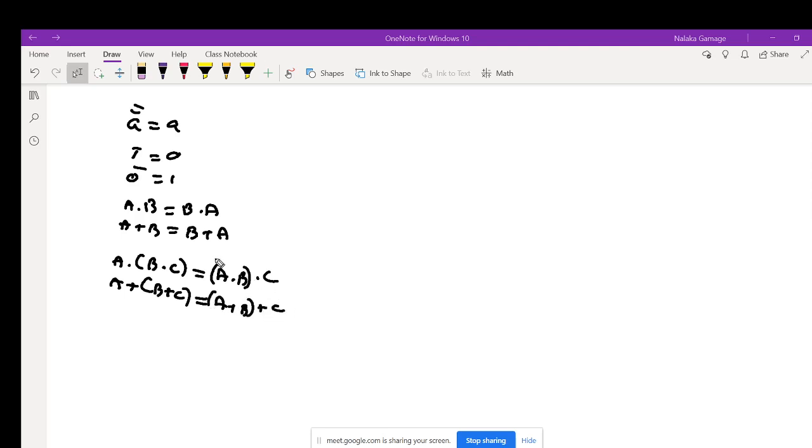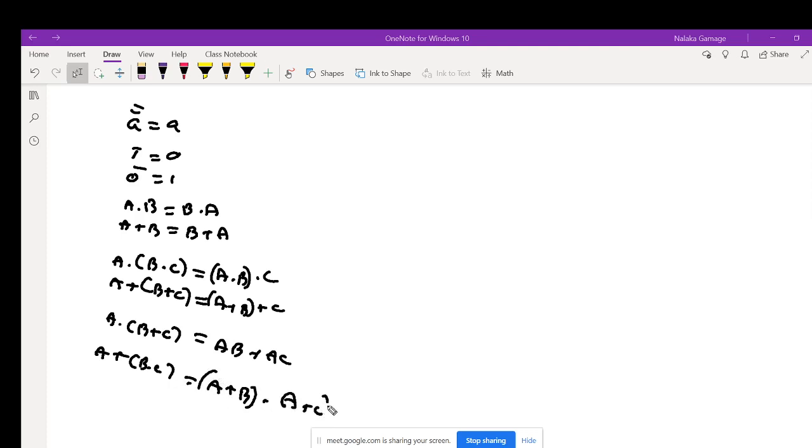Then something like in algebra, expanding the brackets: A dot (B plus C) can be written as A dot B plus A dot C, and the dual of it, A plus B dot C, can be written as (A plus B) dot (A plus C).